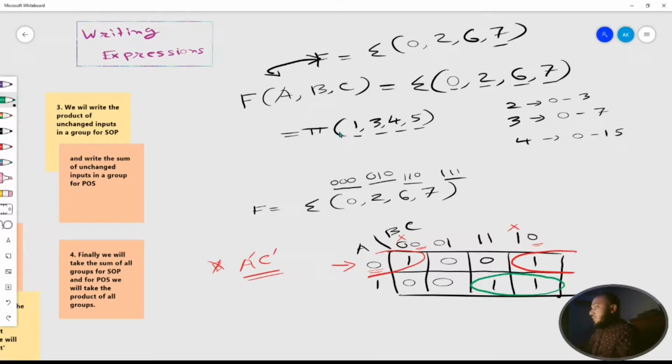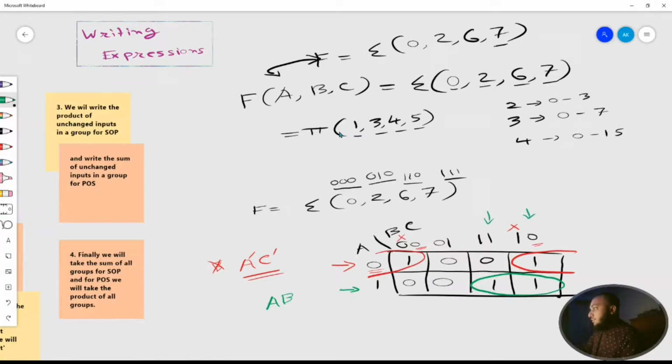For the green group we can write A B. How did I write that? For the green group we can see it is covering only the second row, and in the second row A is not changing, it remains 1, so we will take A. And the green group covers the third and fourth column.